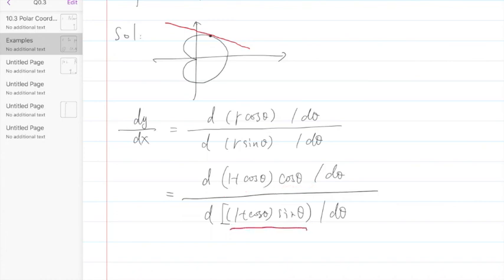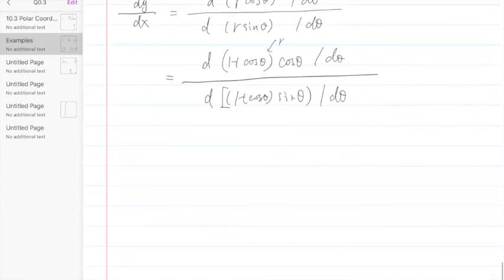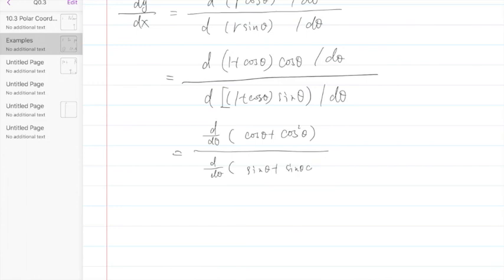You're basically just taking the derivative of this with respect to theta and the derivative of this with respect to theta. Okay? Since everything's in order, but keep in mind this is already your r. So if you want to follow the formula, that's fine. But if you don't follow the formula, basically what you're trying to say is, let's take the derivative of this, which is cosine theta plus cosine squared theta.